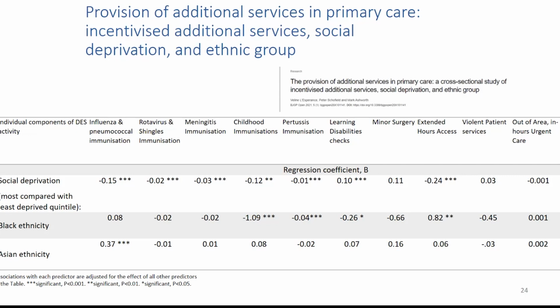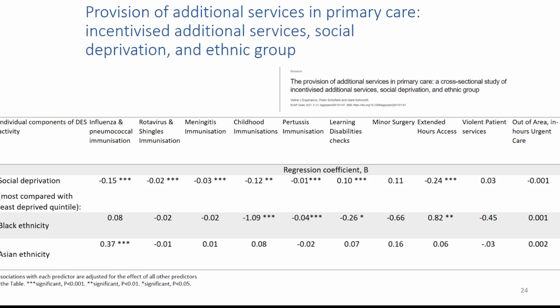Yeah. So we also see, really importantly, and we'll touch on this later on, that for patients of Black ethnicity, the higher the proportion of patients you have from a Black ethnicity background, the lower the vaccination activity for childhood vaccinations, and also lower pertussis vaccinations in pregnant women. So that's really significant.